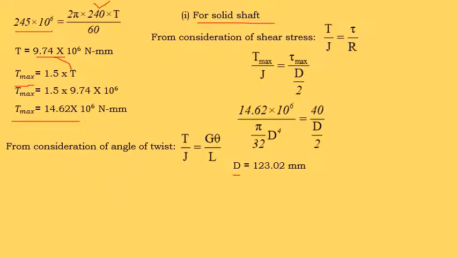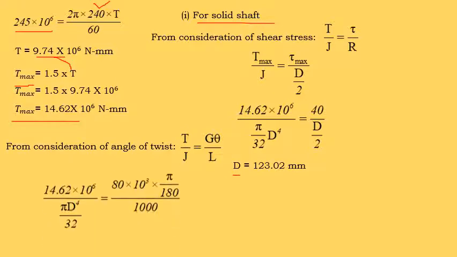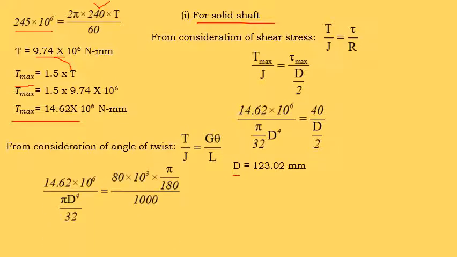And we have another set of equation by considering the angle of twist, that is T by J is equals to G theta by L. In this equation we have to consider the maximum torque, T max.